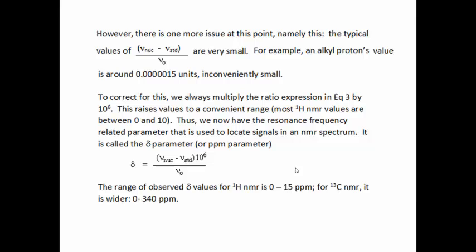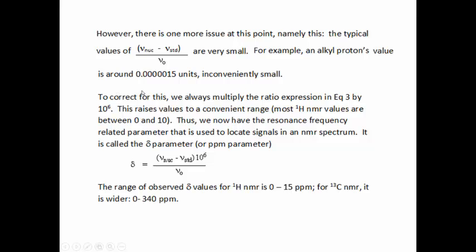The typical values of the equation 3 ratio are very, very small. For example, an alkyl proton's value is around 0.000015 units. Very small, inconveniently small.